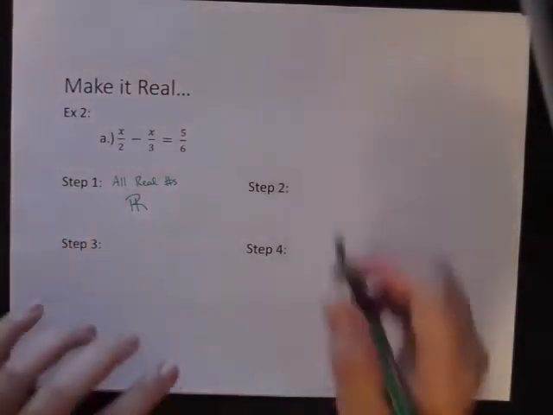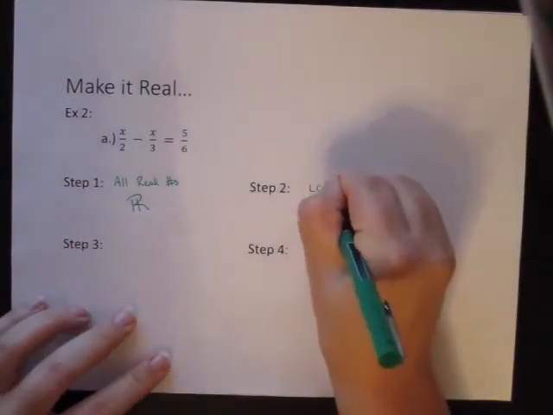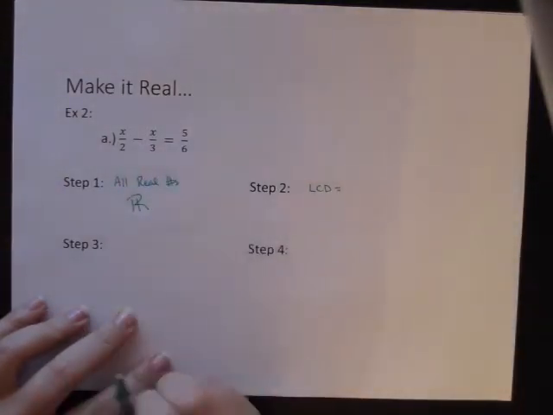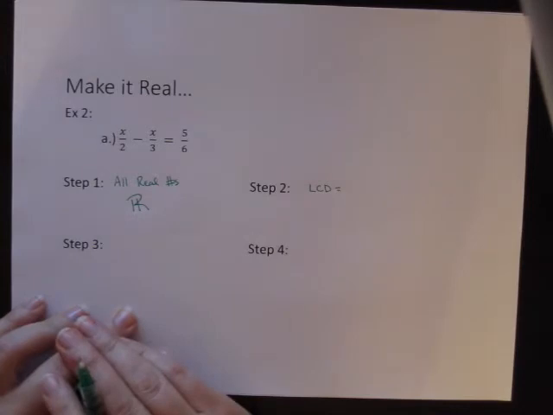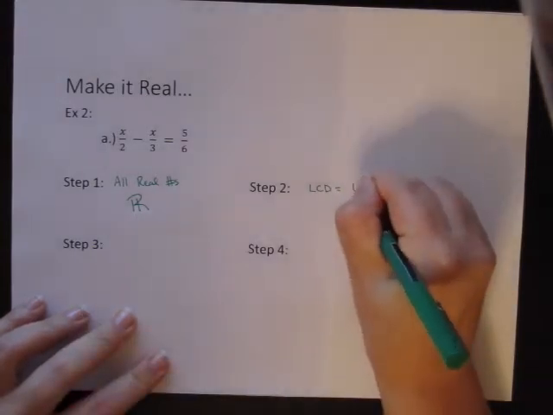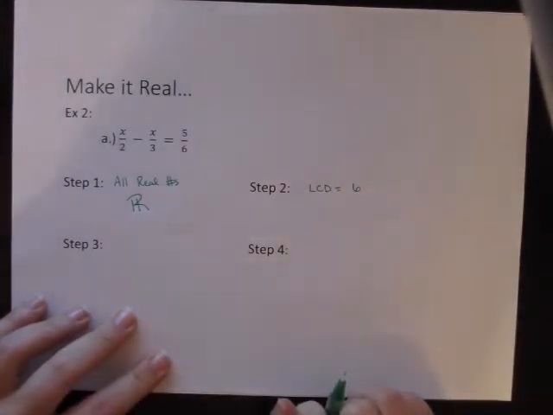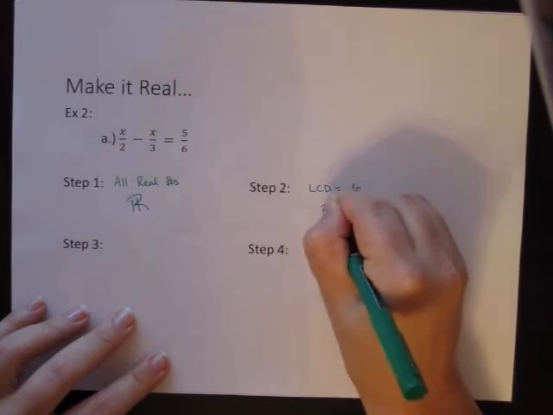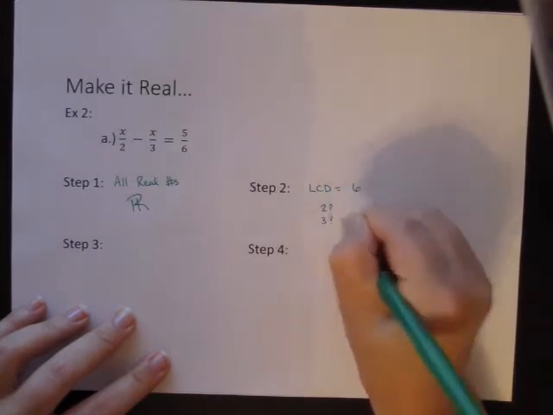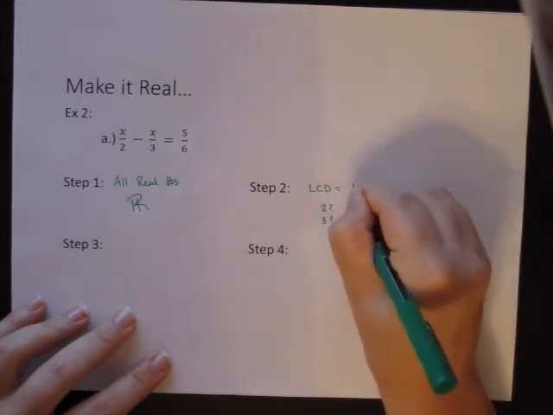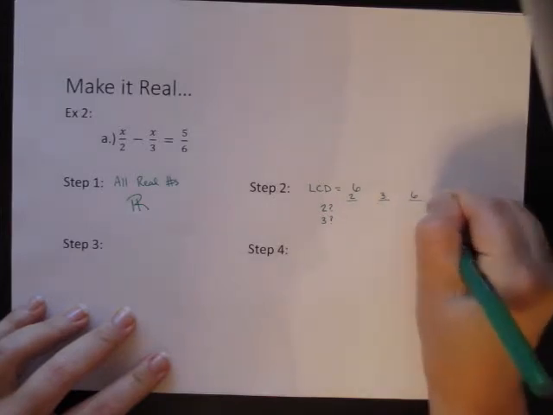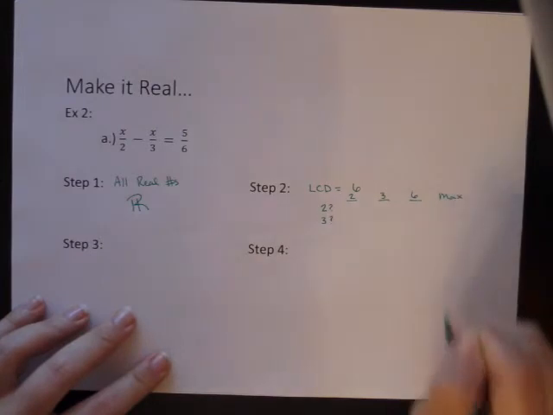Alright, step 2, we have to find our LCD. We have 2, 3, and 6, so our LCD is going to be 6. If you need to, you can do the factors. We have a factor of 2, a factor of 3, and then we could put the max.